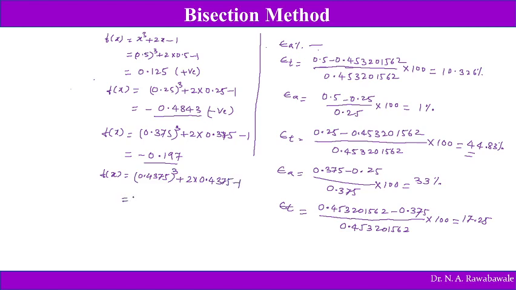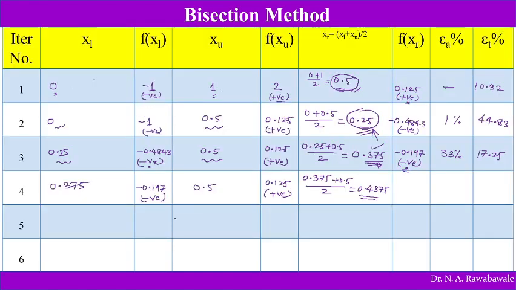So f of x at 0.4375 is negative, about minus 0.04125. This is negative, no doubt, we only need its sign. So this is the function value which is negative. Now this revised negative replaces the old negative.